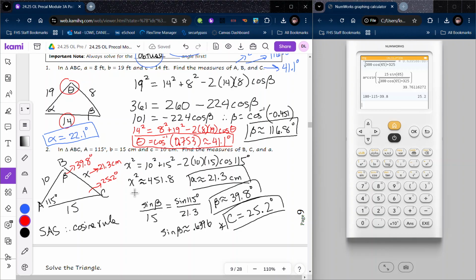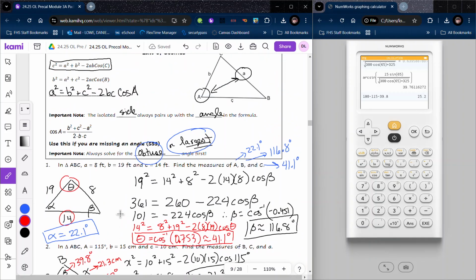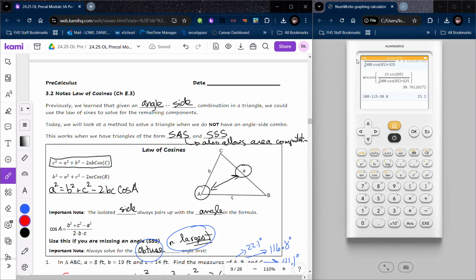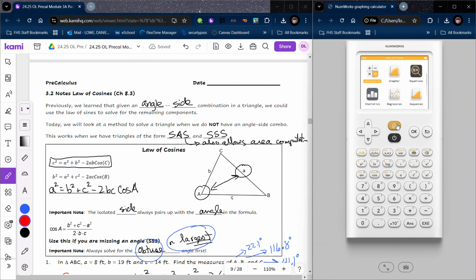Okay, so that is using the law of cosines when you're given just sides, using the law of cosines when you're given a side angle side situation. Remember, be sure that you're in degree mode. On the NumWorks calculator, you can go down to the settings and make sure that the angle is in degrees.